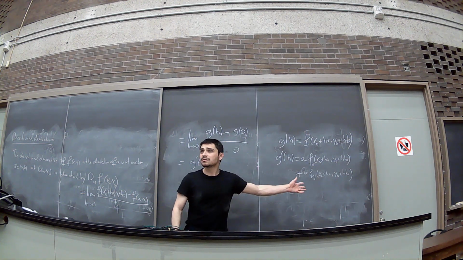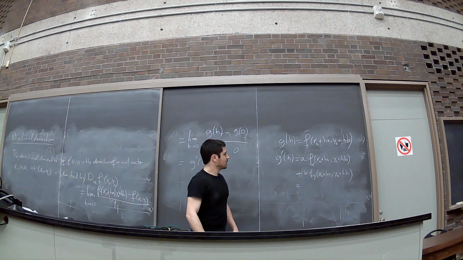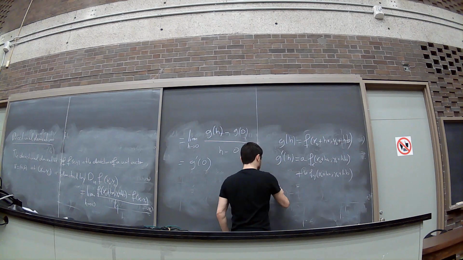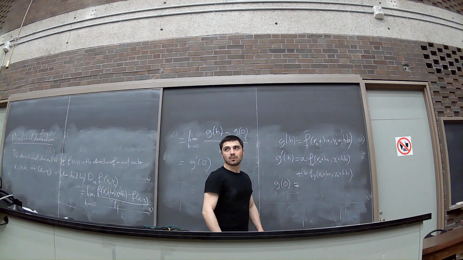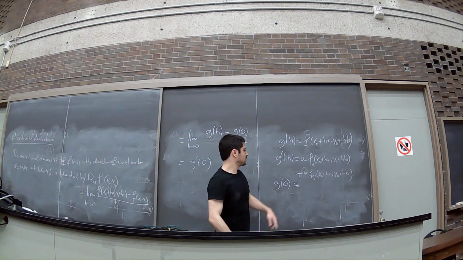Right? Are we good here? What is g prime of 0? Plug in 0, what do you get?